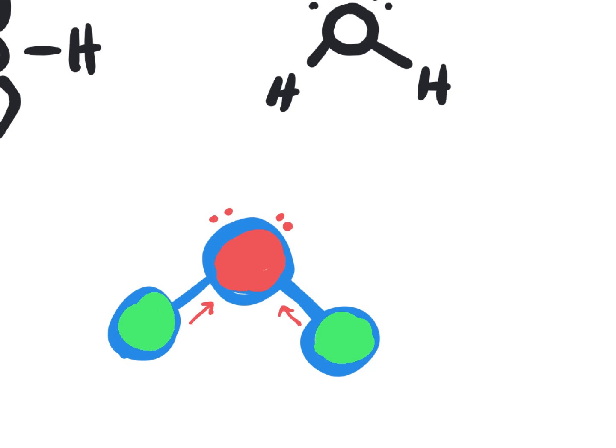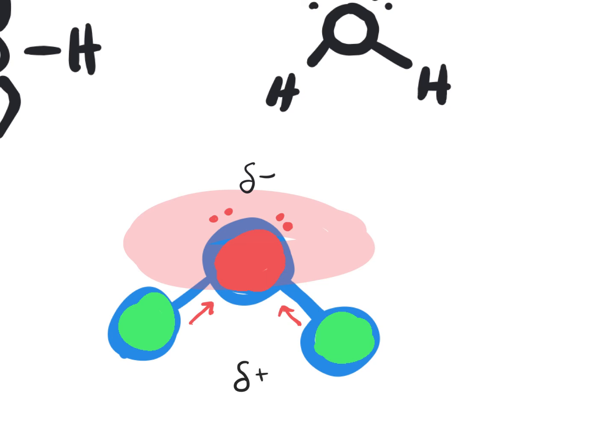I'm just going to do my cloud like I did before. I'll make kind of a red cloud showing where electrons are getting shifted. Electrons are spending more time around the oxygen than they are around the hydrogen. So that is creating a more negative side to this molecule and a more positive side on this side.